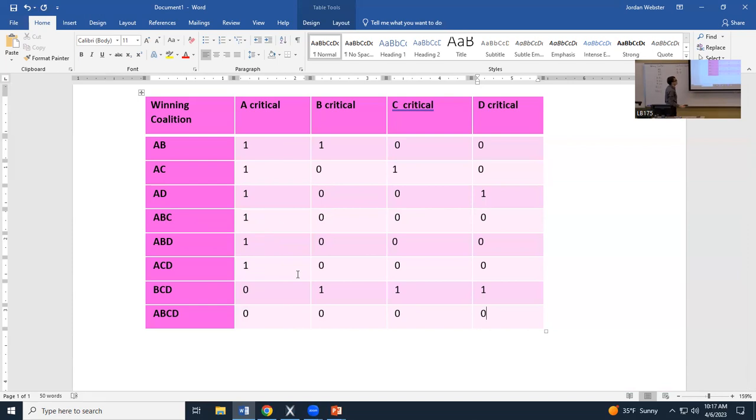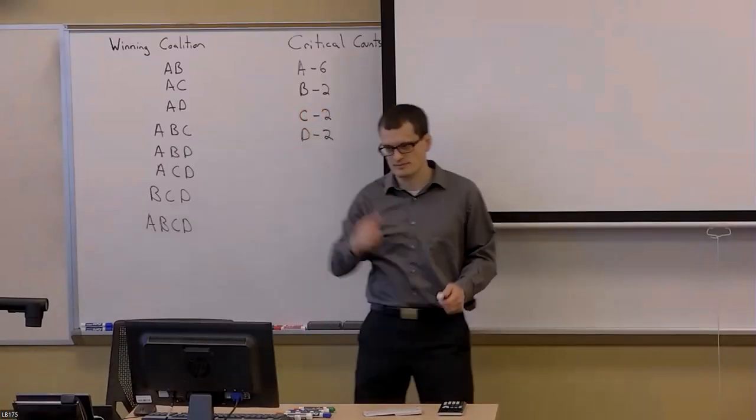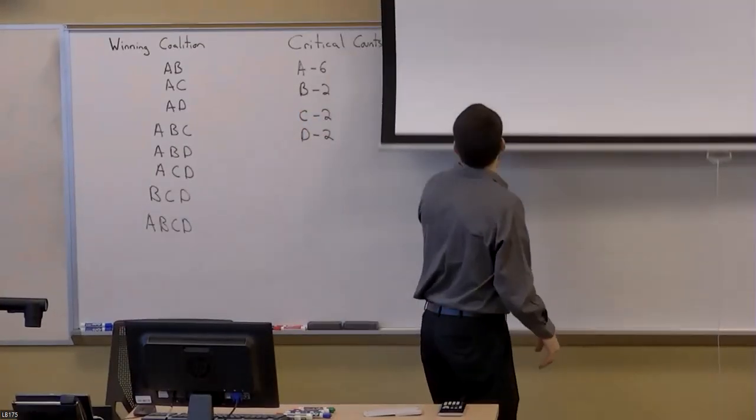C was critical 2 times. And D was critical 2 times. So A was critical 6 times. C, B, and D were critical 2 times apiece. Does that work? So those are the critical counts.